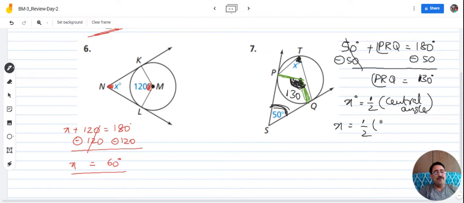Therefore, half of 130, you may make use of a calculator, gives the value of x as 65. Okay, let's go to the next part.